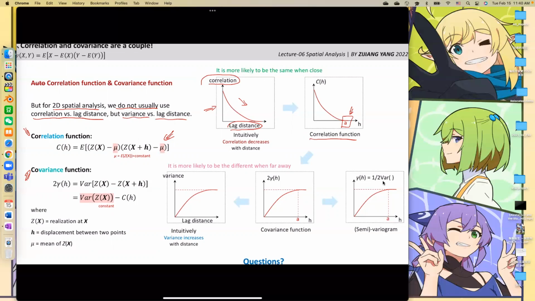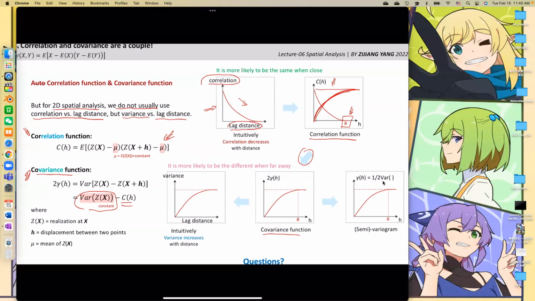And then for the covariance function, we just use a constant minus the correlation function. We can see this will be something like this. So this is the shape of covariance function. And again, we have an A here.